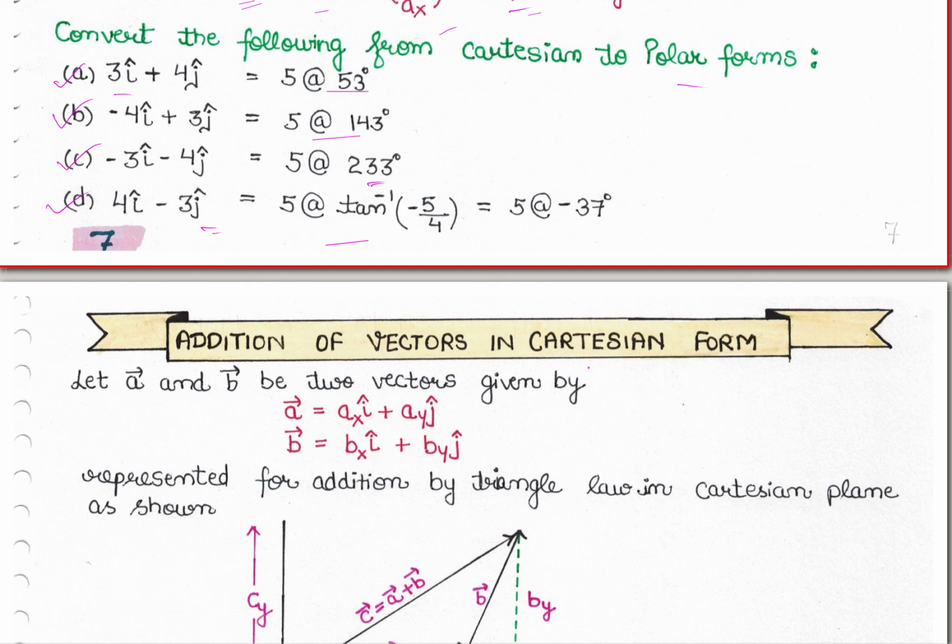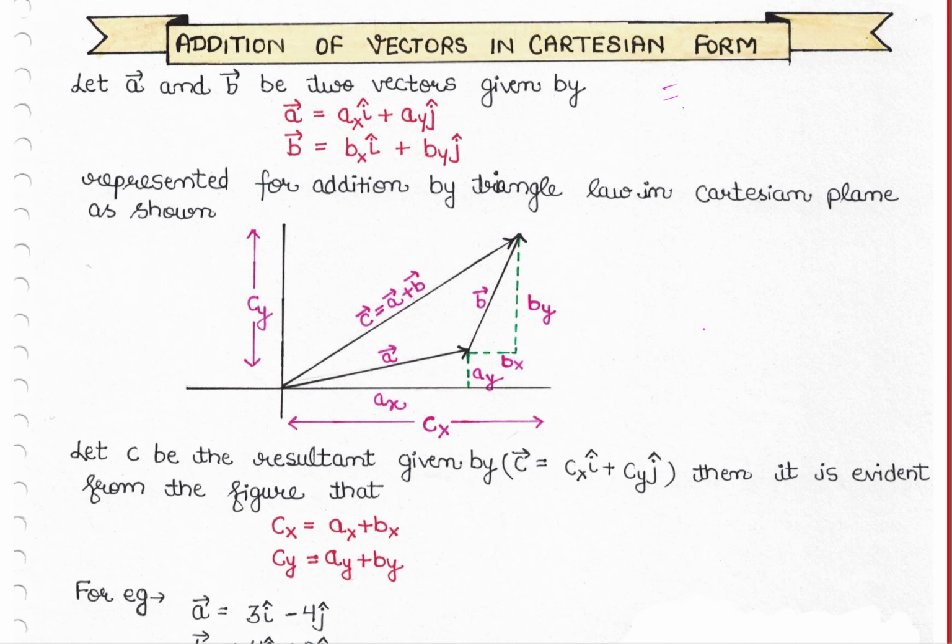Now addition of vectors in Cartesian form. Let a and b be the two vectors given by a is equal to ax i cap plus ay j cap, and b vector is equal to bx i cap plus by j cap, represented for addition by triangle law in Cartesian plane as shown.